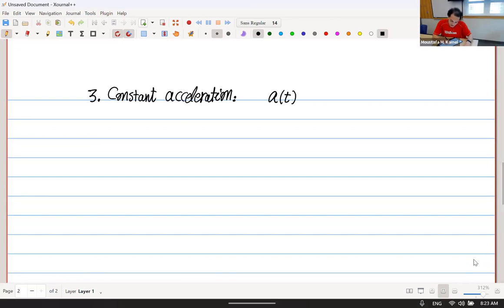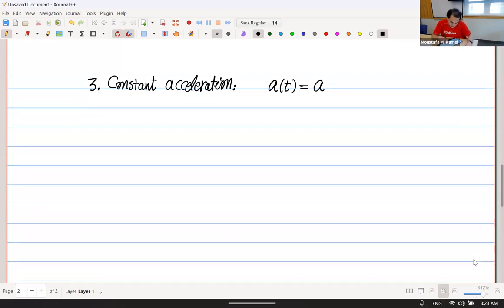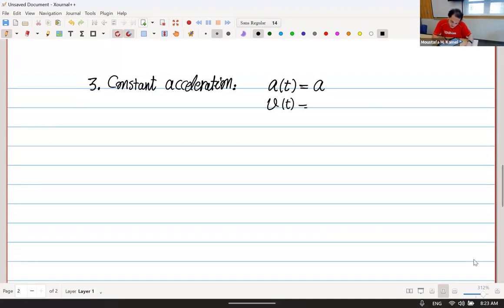Constant acceleration means acceleration at any moment of time is just a, the constant. v as a function of time is equal to initial velocity plus a times t. I know I'm repeating these equations a lot, but I want them to stick in your head. And position is x naught plus v naught t plus half a t squared. These are the equations from which we will draw a graph.